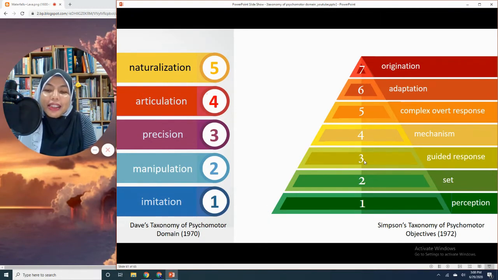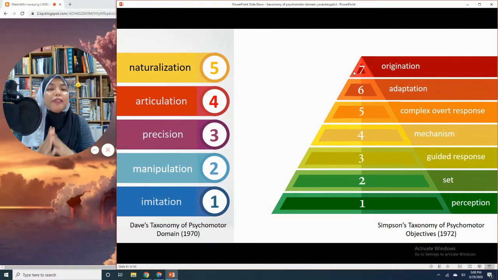The third level for Simpson up until the 7th level, the highest level, are basically similar to all the stages on Dave's taxonomy. This is guided response, mechanism, complex overt response, adaptation, and origination. The characteristics and how these levels function are very much close.